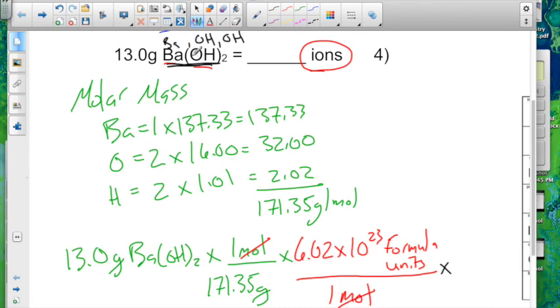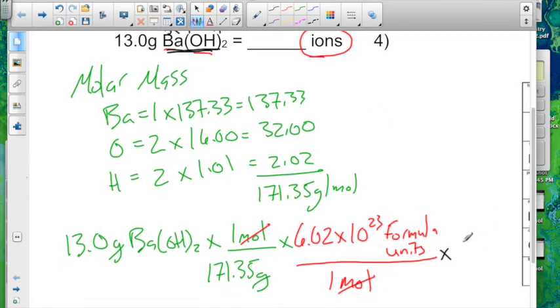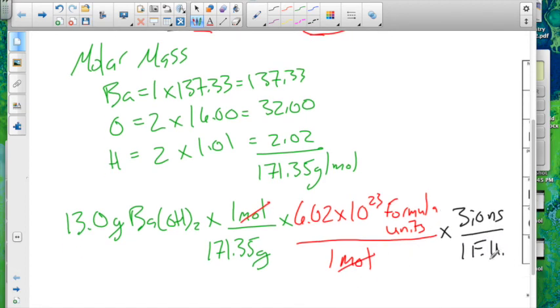Okay? Barium, hydroxide, hydroxide. So that means that there's 3 ions per one formula unit. So we put 3 ions per one. I'm going to write FU because I'm running out of space. But you can see we write formula units on the bottom, so that way our formula units will cancel.